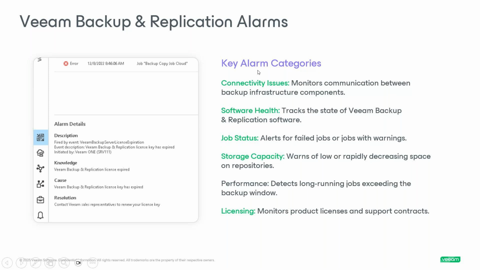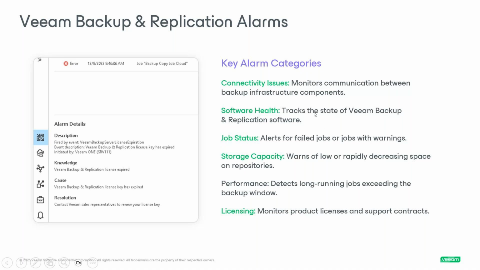And as you can see here, we have grouped those alarms in different categories. There's a lot of them about connectivity issues, maybe something is going wrong on the VMware environment. Software health is all about the Veeam backup application.